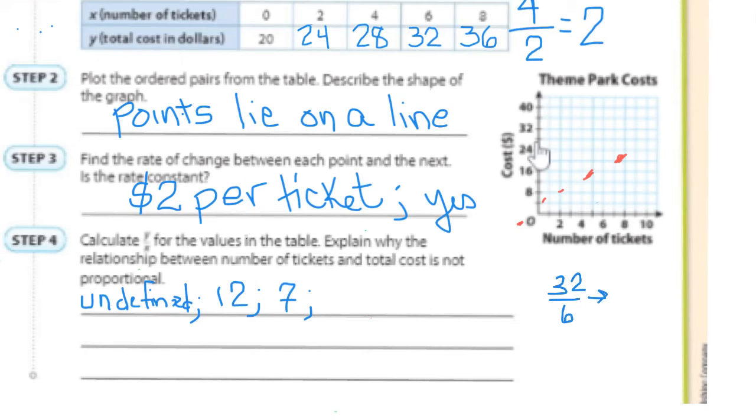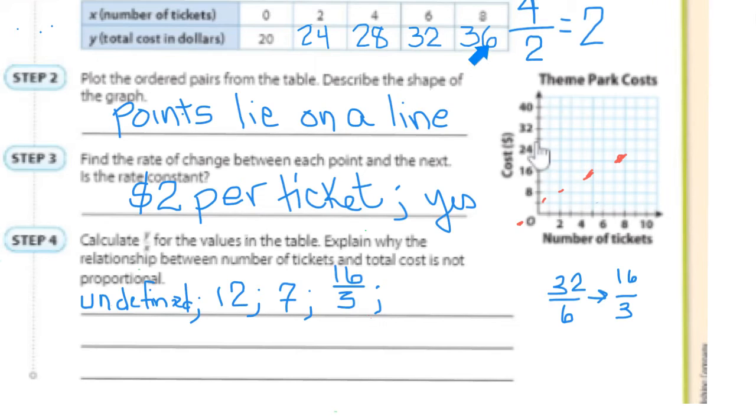Remember, fractions are fancy division. If I divide these both by 2, I get 32 divided by 2 is 16. 6 divided by 2 is 3. And I'm going to leave it as that improper fraction. This one I can't divide and get a whole number.